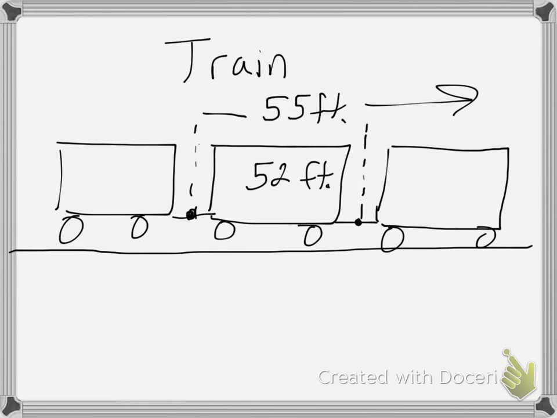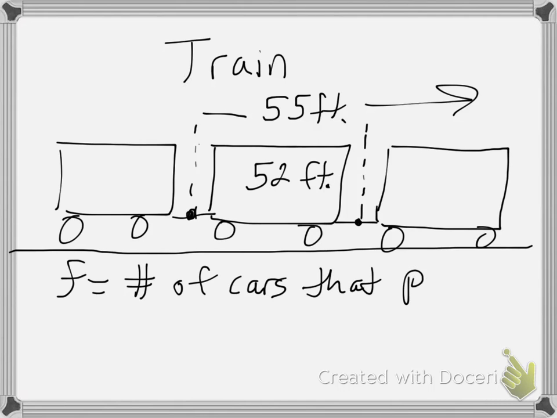Now, what about the frequency? The frequency in this case is going to be the number of cars that pass you in a given amount of time, say per second or per 10 seconds. So let's think about this.